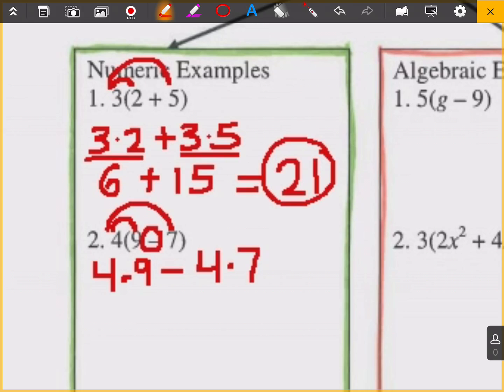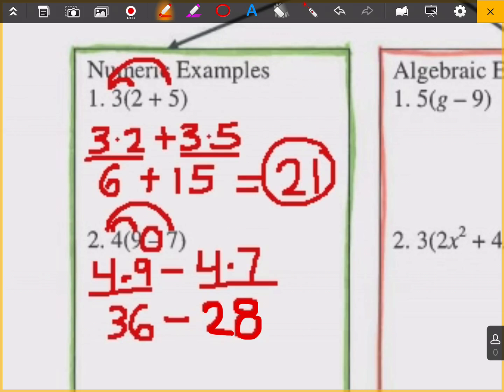So when we solve this out, 4 times 9 is equal to 36. Bring down your subtraction sign. And 4 times 7 is equal to 28. When we solve this out, 36 minus 28 gives us the answer of 8. So that's how we do it with numbers.